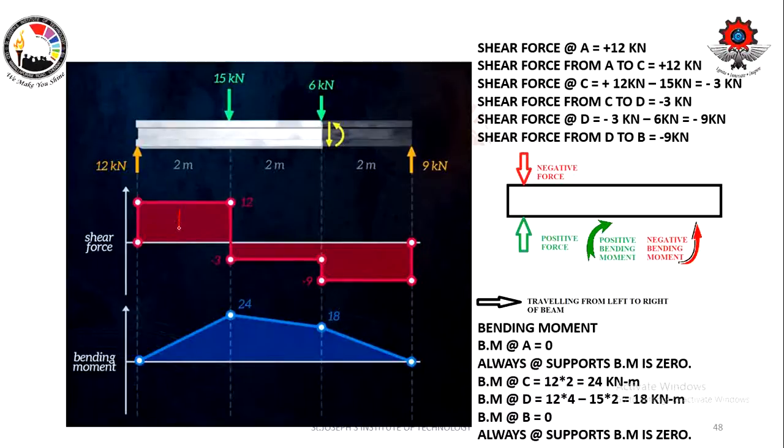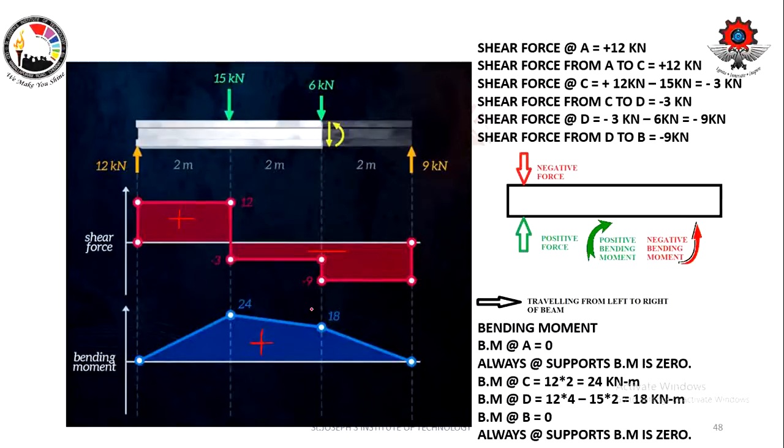This portion denotes positive and this entire portion denotes negative. The portion which is available above the axis line is positive, the portion which is available below the axis line is negative. This entire bending moment diagram falls on the positive side.